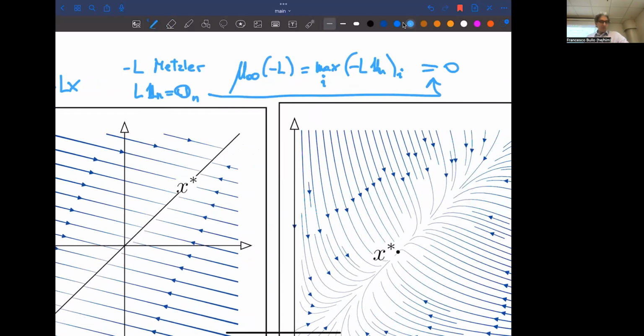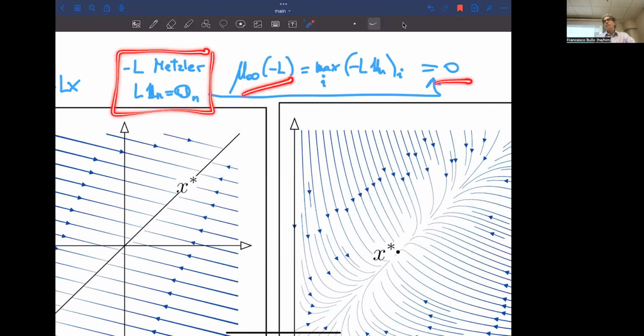I mean, it's trivial. What I'm trying to say is that if you know these two properties, saying that the infinity log norm of minus the Laplacian is equal to zero is just a transcription. I don't mean to make it more complicated than it is. It's just obvious. Minus L is Metzler, and 1 is an eigenvector in the kernel of L, and so it has zero log norm.